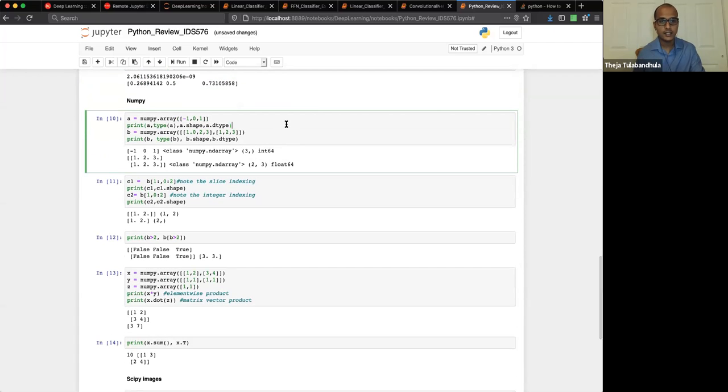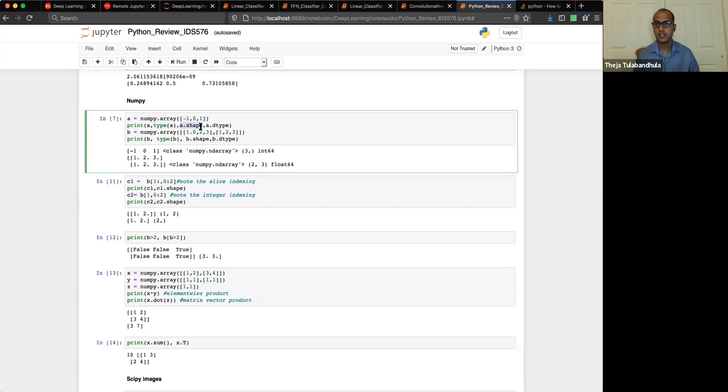Next, again we assign. A is a NumPy array with a collection of list elements. If you look at A itself, it prints out just like a list. But if you look at its type, you can see that it's a NumPy ndarray. And you can access its shape.